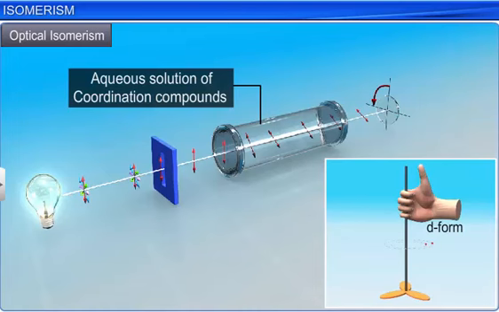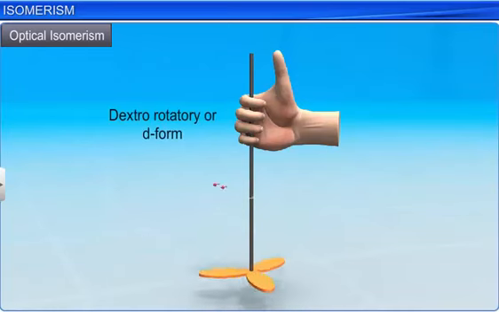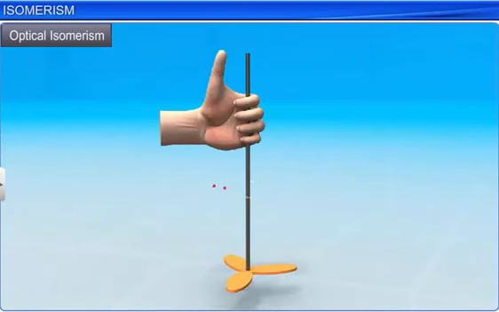Complexes that rotate the plane of polarized light towards the right are said to be dextrorotatory or D form, while complexes that rotate it towards the left are called levorotatory or L form.